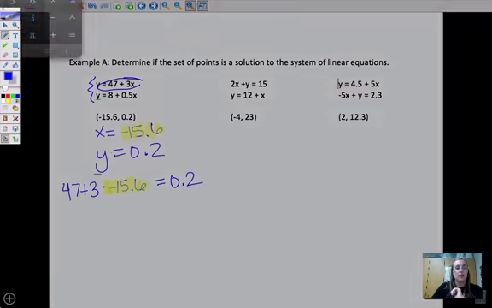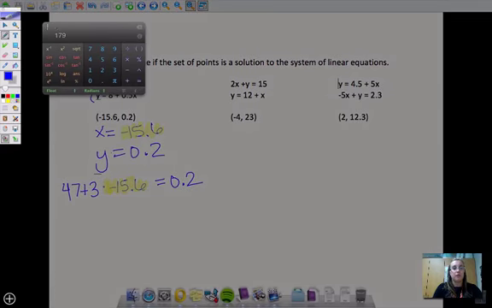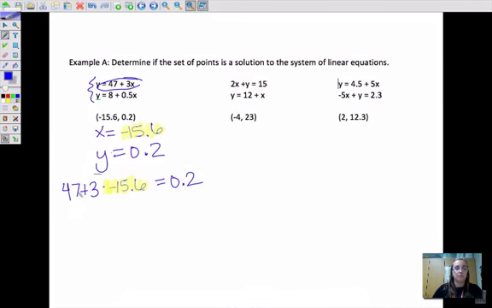So first I need to take 3 times negative 15.6, and I get negative 46.8. And when I add those together, I can see that they do in fact equal 0.2.